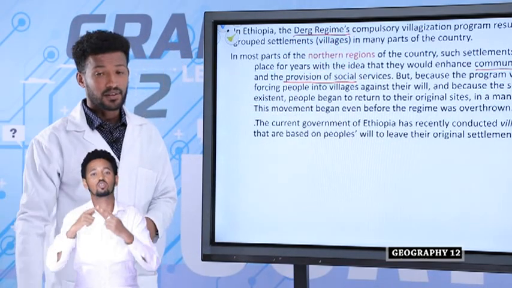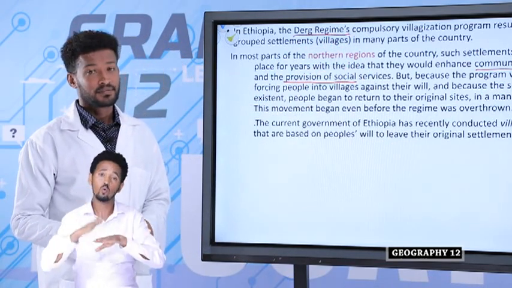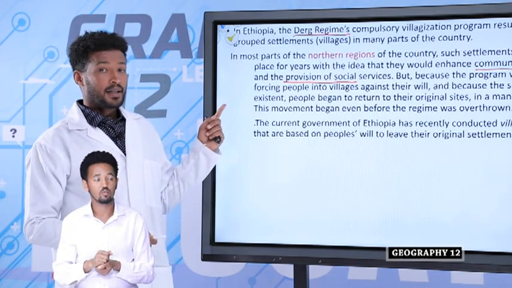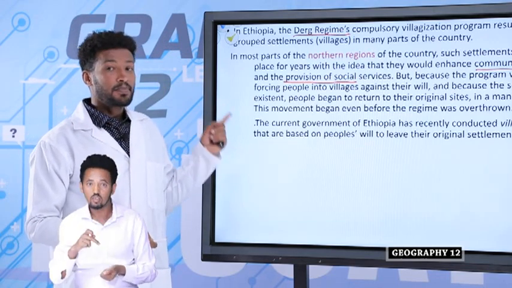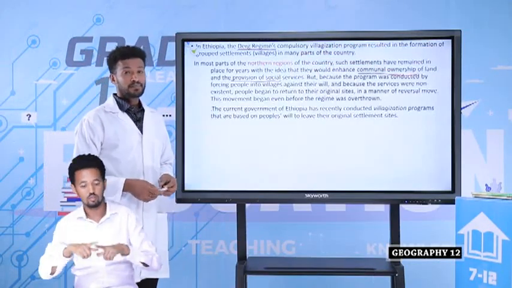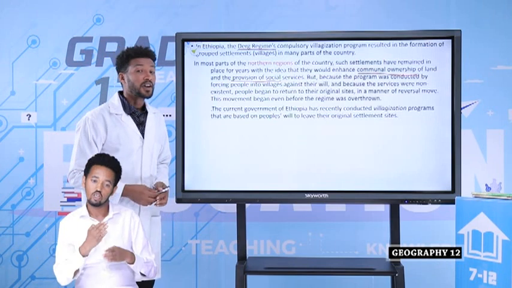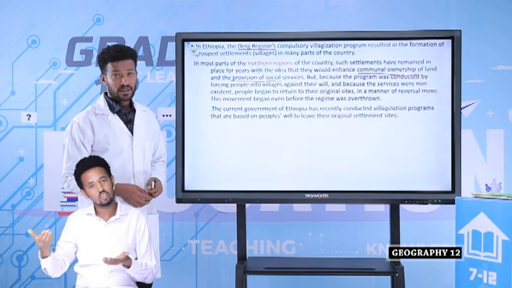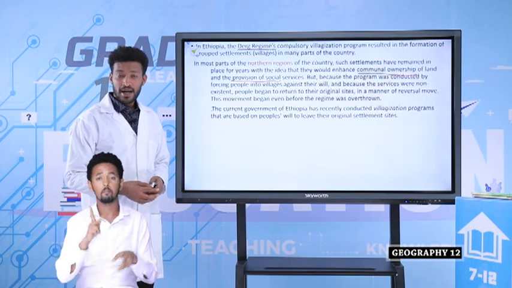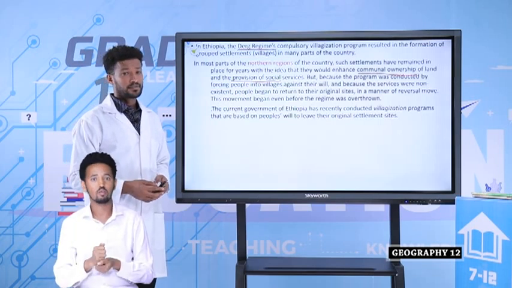So what did it cause? Under the Derg regime, the people were forced to move to another land in order to settle in new villages, which made the people unhappy to be settled there.